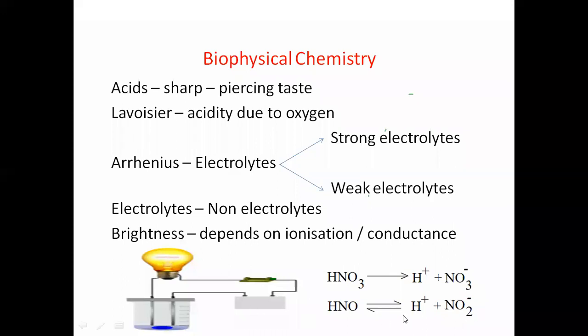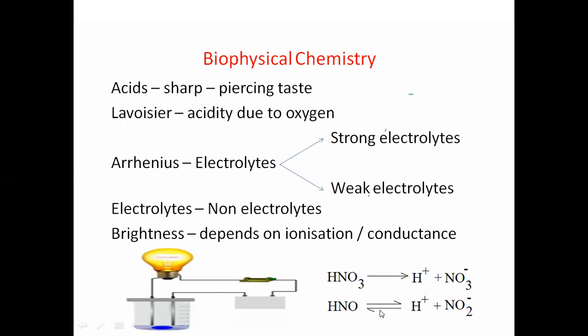Now, to define the dissociation pattern in strong electrolytes and weak electrolytes, take nitric acid, an example of a strong electrolyte, which will undergo dissociation immediately and be found as H plus and NO3 minus ions. There is a complete dissociation, which is why the reaction is written with a single-headed arrow. But in the case of nitrous acid, here actually NO2 is supposed to be here, I have not written that.